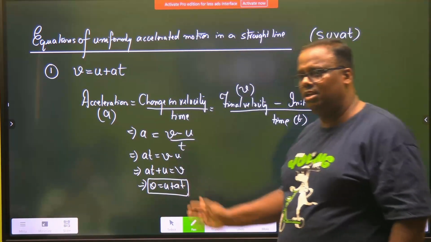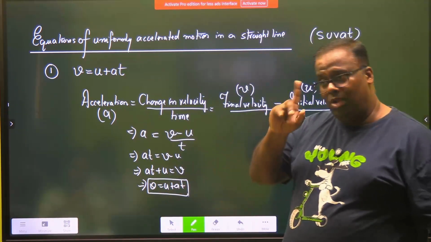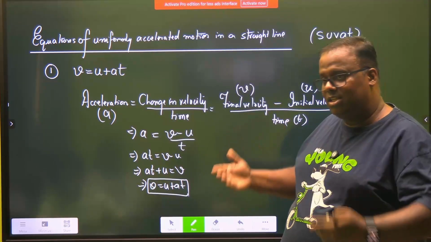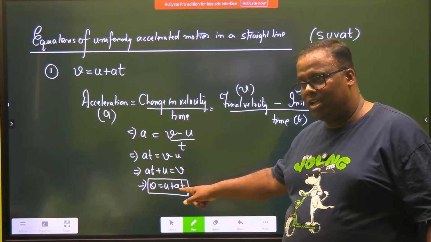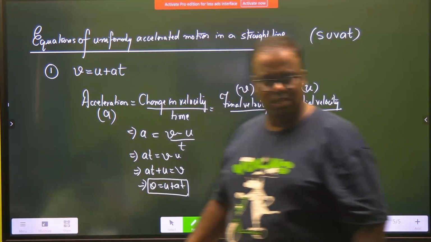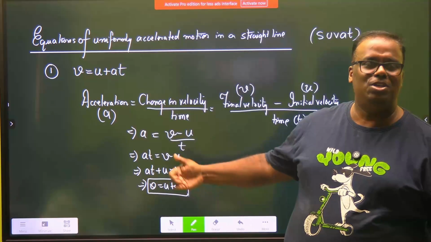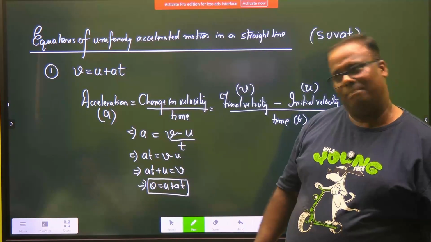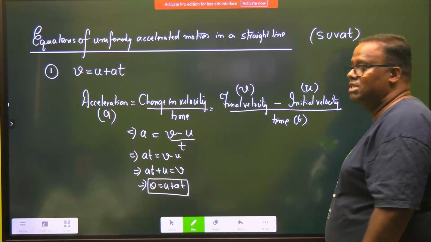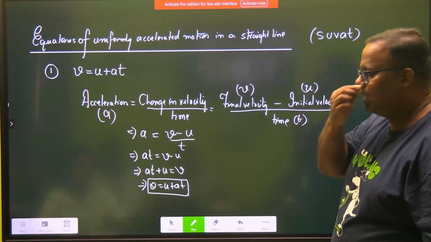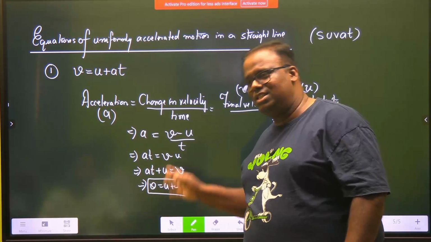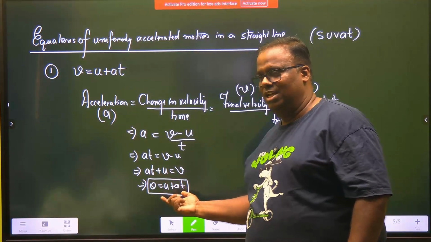But here we are saying you will have an initial velocity, but with that there is a constant increment at the rate of a. For every t seconds passed, a amount of increment will come. So your velocity becomes u plus at. Have you understood? These equations are known as y equal to mx plus c. We will see later on. This equation format is very interesting in physics.